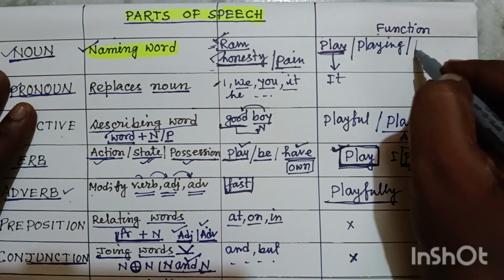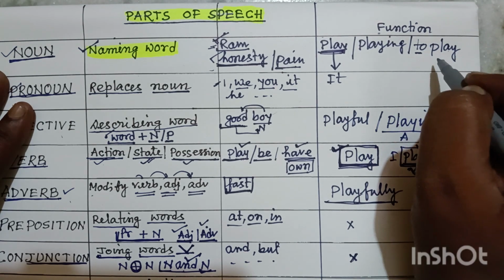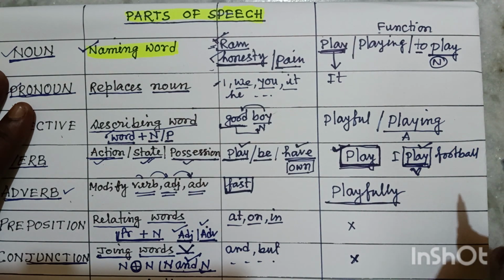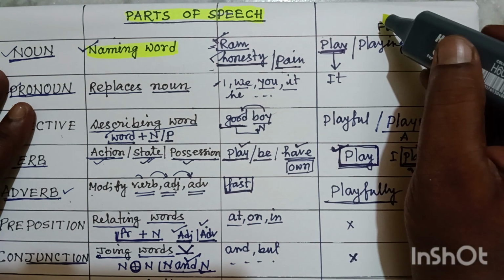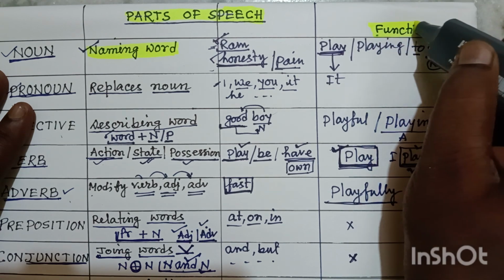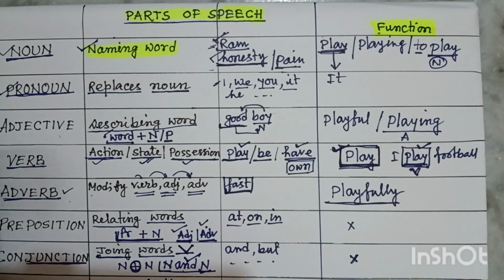Friends, this word, suppose to play, if we add to with this word, it may be used as a noun, it may be used as an adjective, it may be used as an adverb. So in different parts of speech it can be used. So we have to think about which function the particular word is performing in a sentence. That is our main concern. We have to identify the function of that particular word in a sentence.